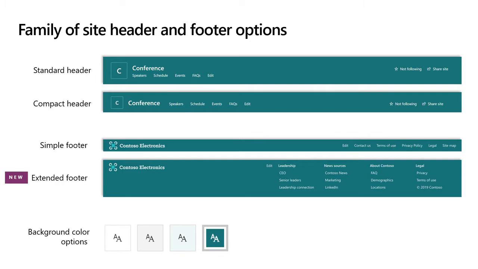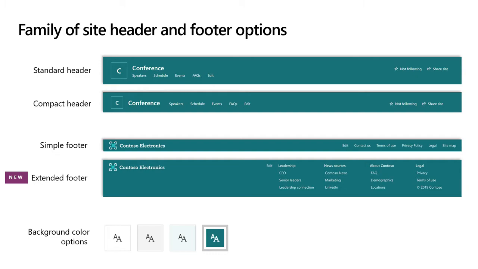Okay. This is our current set of site header and footer options. We have a compact header. This is great if you've got a fairly compact site title, fairly compact set of navigational items. You can save a little vertical height. We have a simple footer, which we've had for a little while. New this Ignite, we have the extended footer.